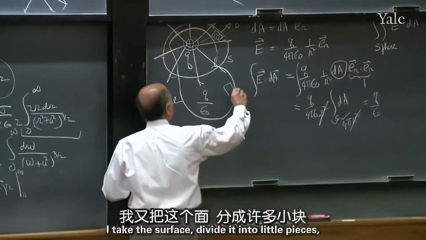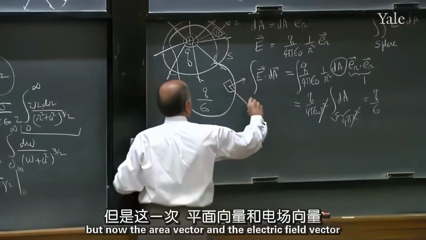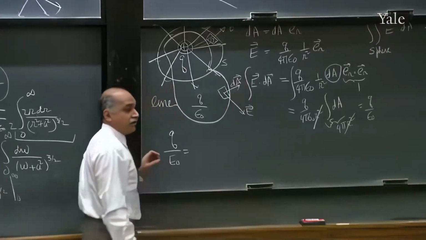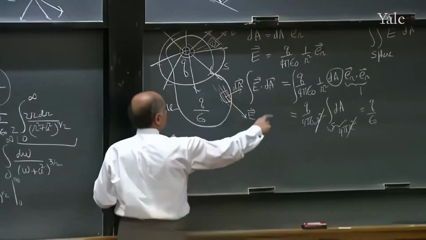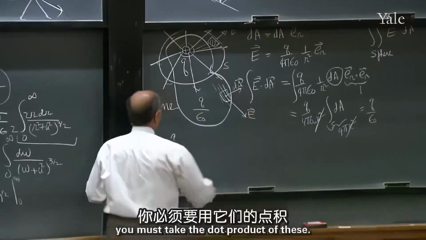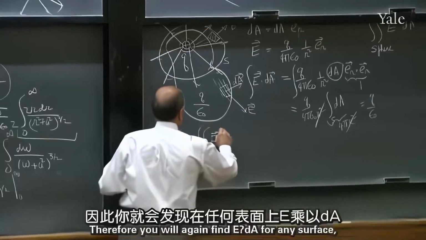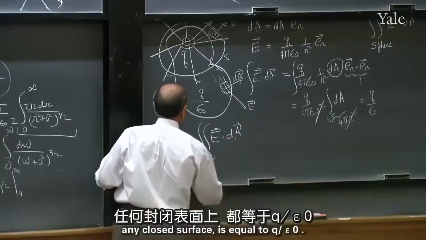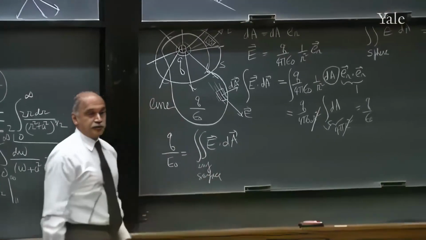I take the surface, divide it into little pieces, but now the area vector and the electric field vector may not be parallel because it's not a sphere. But it is still true that if you're trying to count the lines going through, just like in the velocity, you must take the dot product of these two. Therefore, you will again find E dot dA for any surface, any closed surface, is equal to Q over epsilon 0.